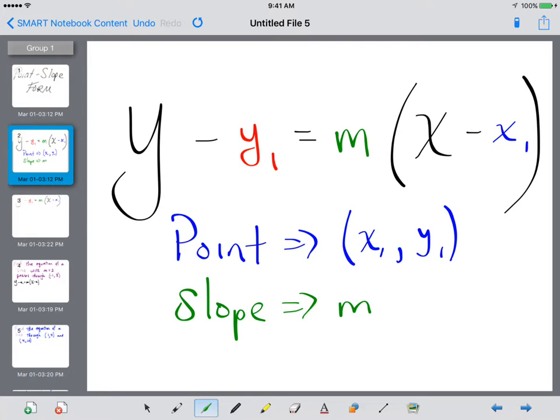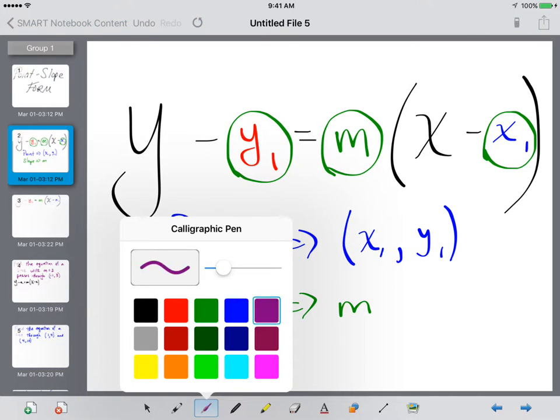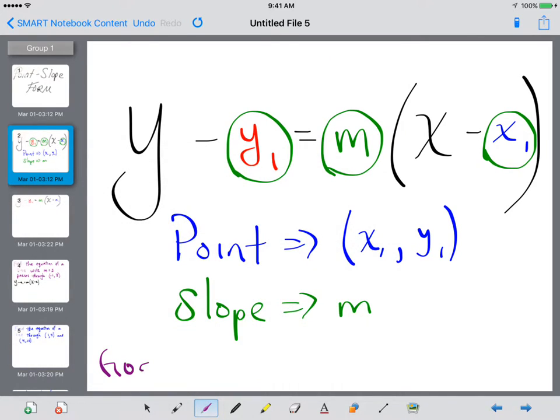So you're going to plug in three numbers to this. You're going to plug in a number for y1, you're going to plug in a number for m, the slope, and you're going to plug in a number for x1, which is the other point. The other y and the x stay in play because when you simplify, your whole goal is to have the equation of a line that's written like this: y equals 2x minus 4.